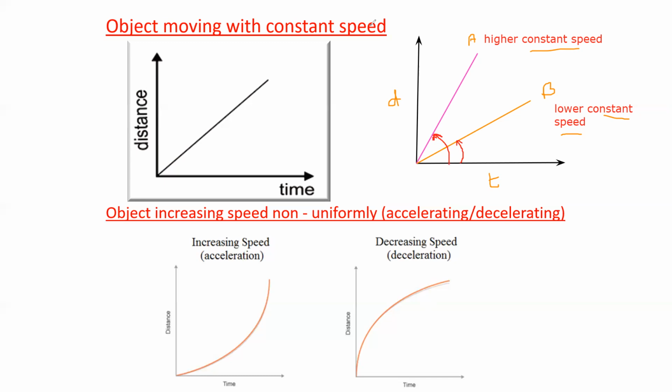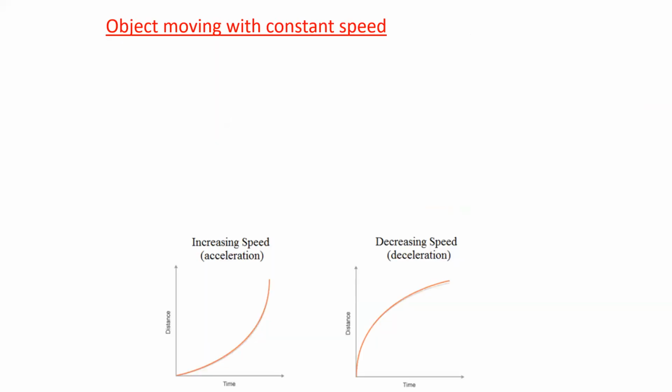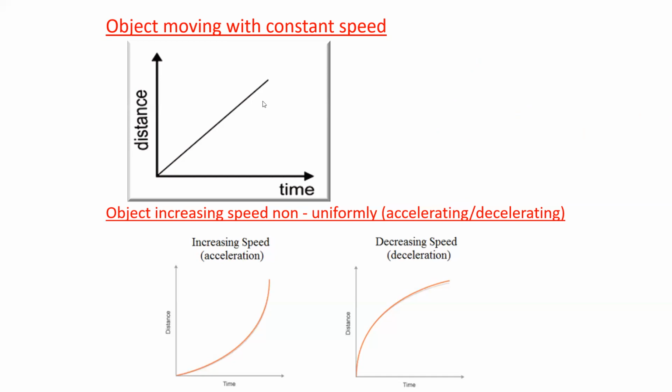So the first graph to explain the motion of an object: we discussed that if an object is at rest, it will be a horizontal line for a distance time graph, which shows that the object is not moving. The second part we discussed, if an object is moving with a constant speed, it will be a straight line at a constant gradient, which shows the object is moving at a constant speed. Then the object's speed might increase or decrease, which we also call deceleration.